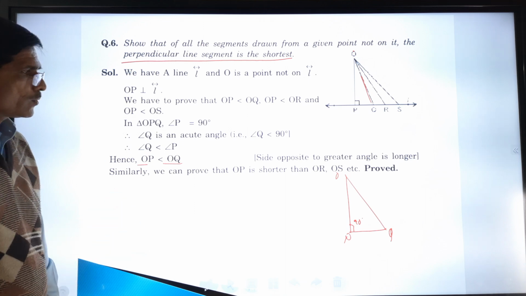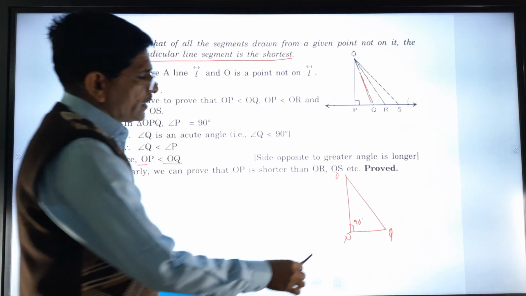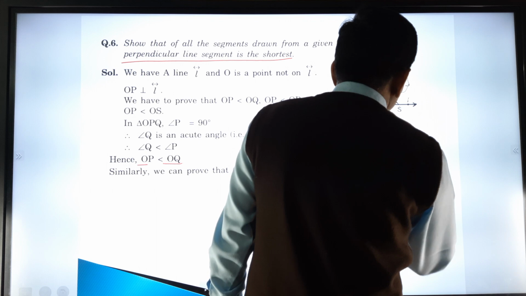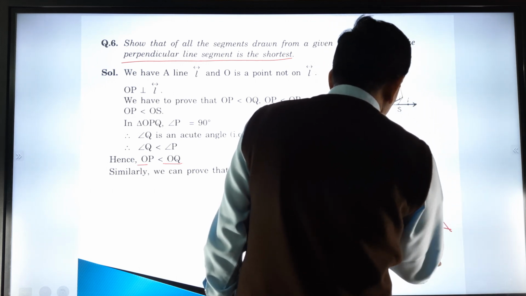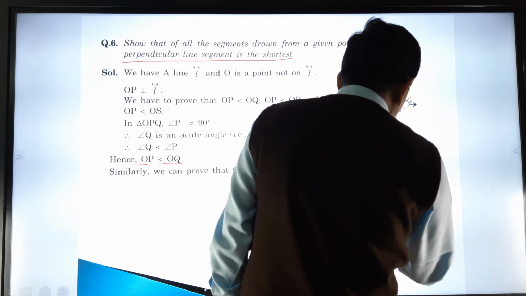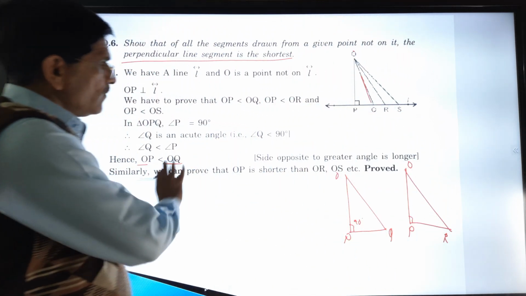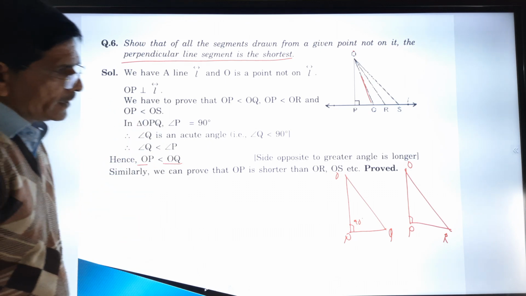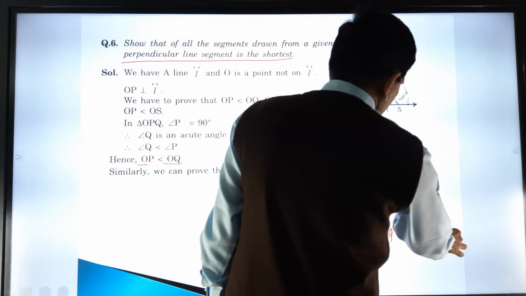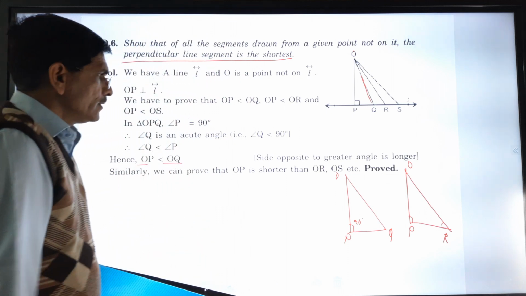We can also prove it the same way by taking another triangle, OPR. Again we write that angle P is 90 degrees.